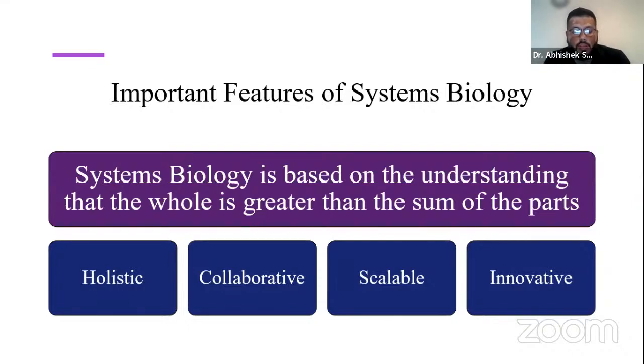Systems biology ultimately creates the potential for entirely new kinds of exploration and drives constant innovation in biology based technology and computation, right? So these are some of the important features of systems biology.